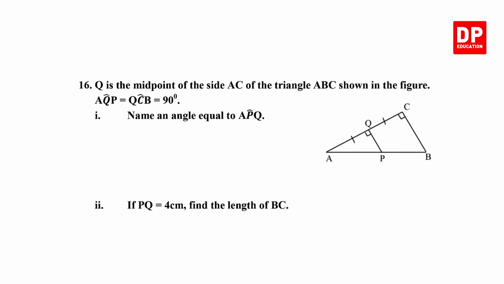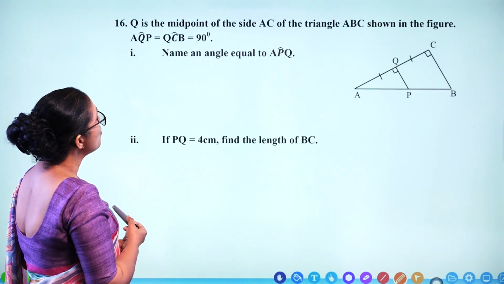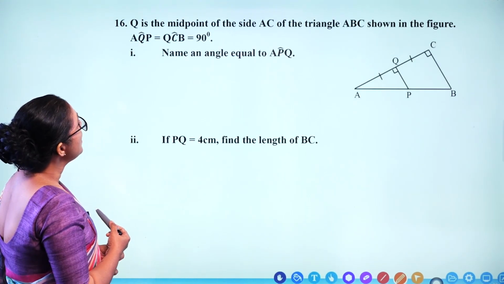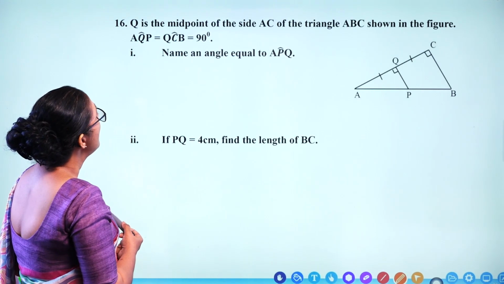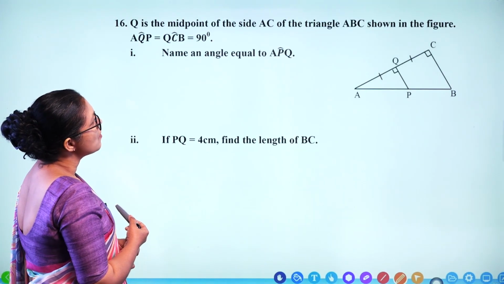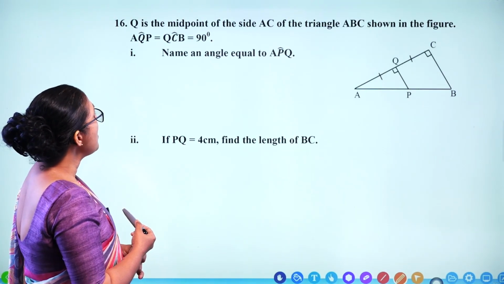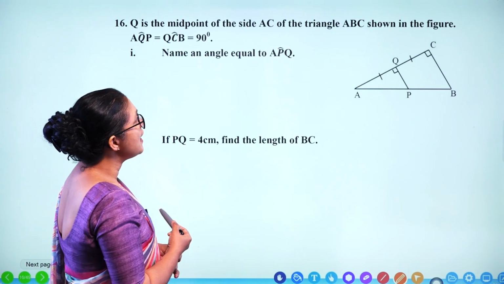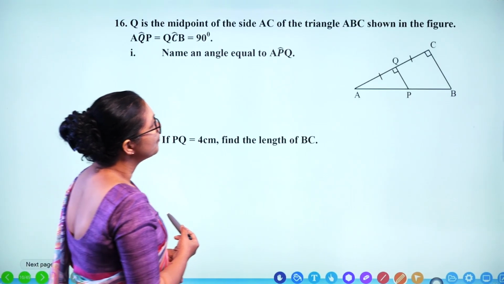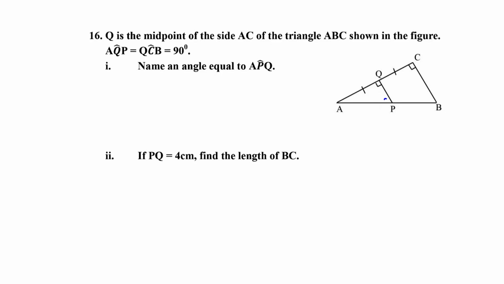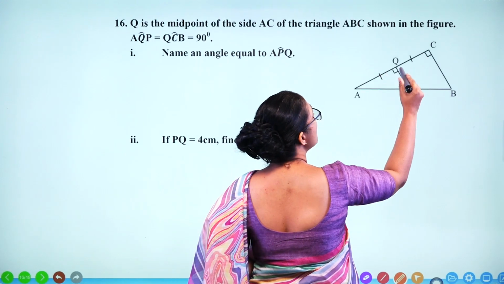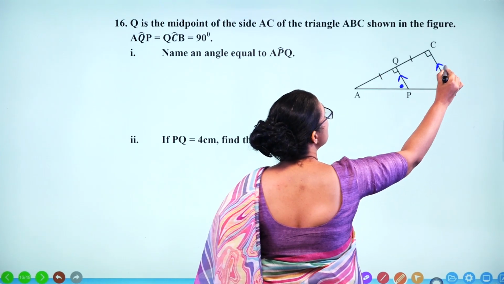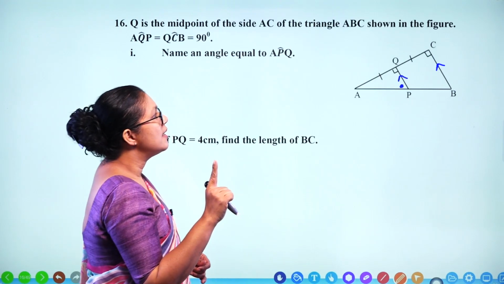Question number 16. Q is the midpoint of the side AC of the triangle ABC shown in the figure. Angles AQP and QCB are 90 degrees, already marked. Name an angle equal to APQ. This one. Now we can see these two angles are equal, means corresponding angles are equal.